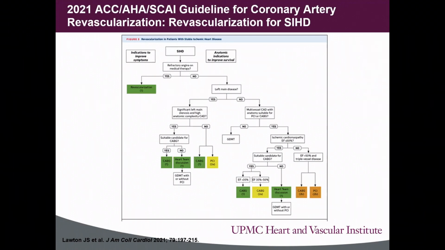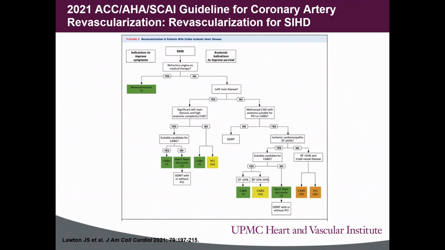So looking at our 2021 guideline for coronary artery revascularization for patients with stable ischemic heart disease. So these are patients with stable disease again. So if someone comes in and they've got chest pain and they're refractory angina on medical therapy, we talked a little bit about what are some of the medications we can use, but they're still coming in, they're saying, I still have chest pain. So the answer is yes, then you can consider revascularization.